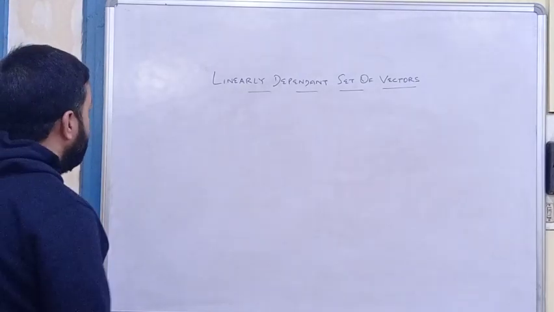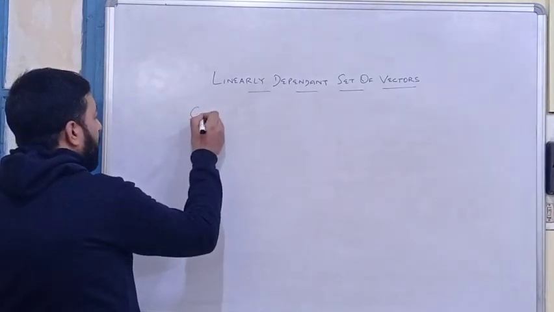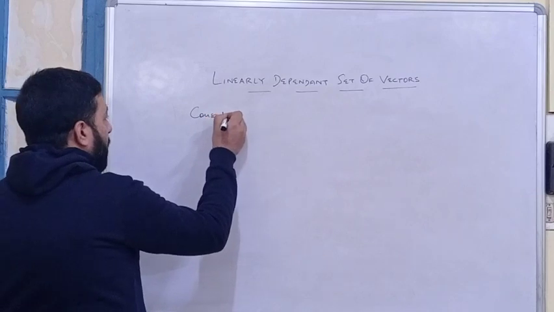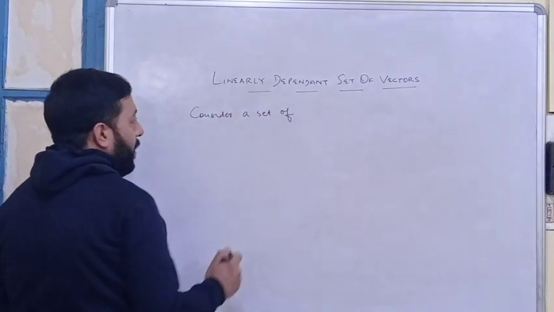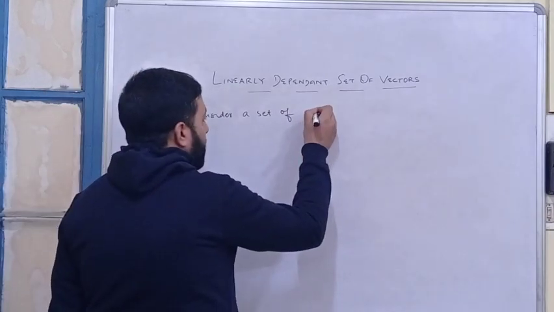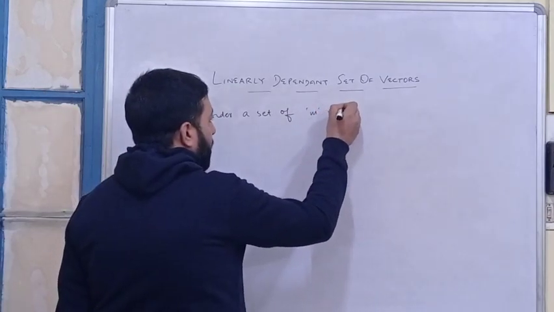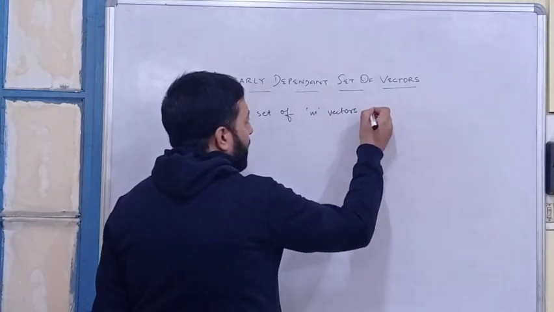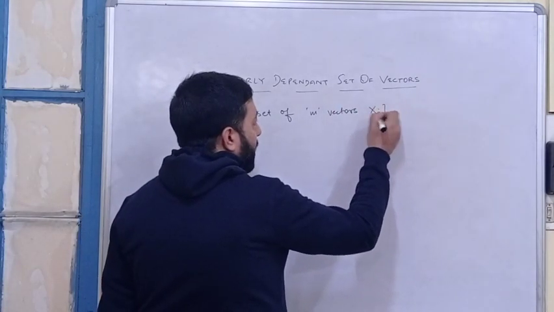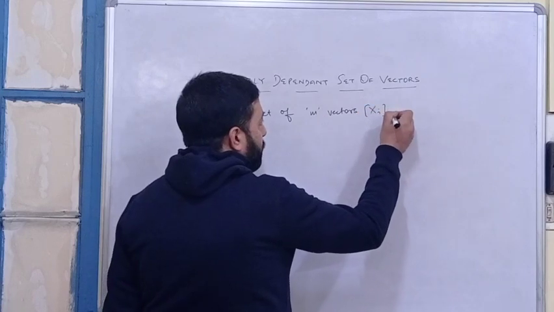So consider a set of m vectors x_i, where i goes from 1 to m.